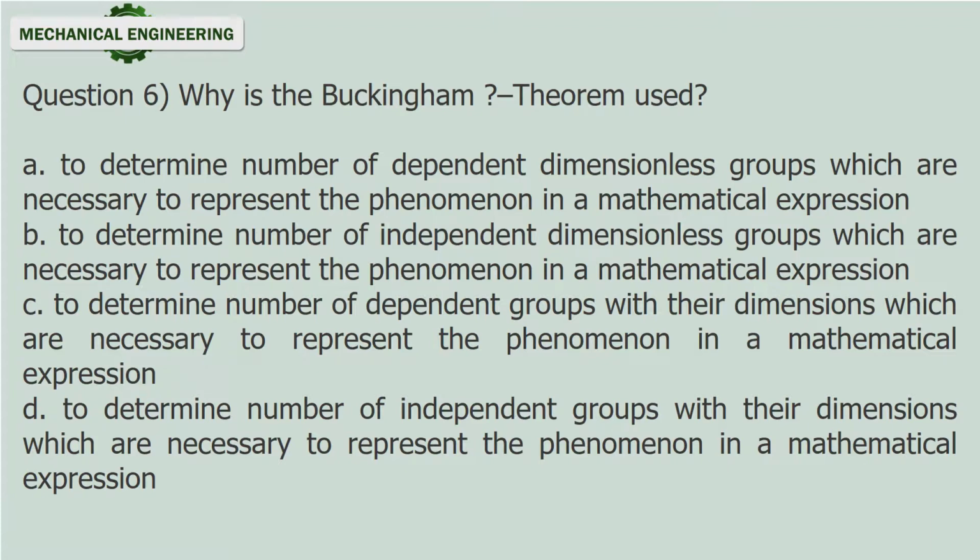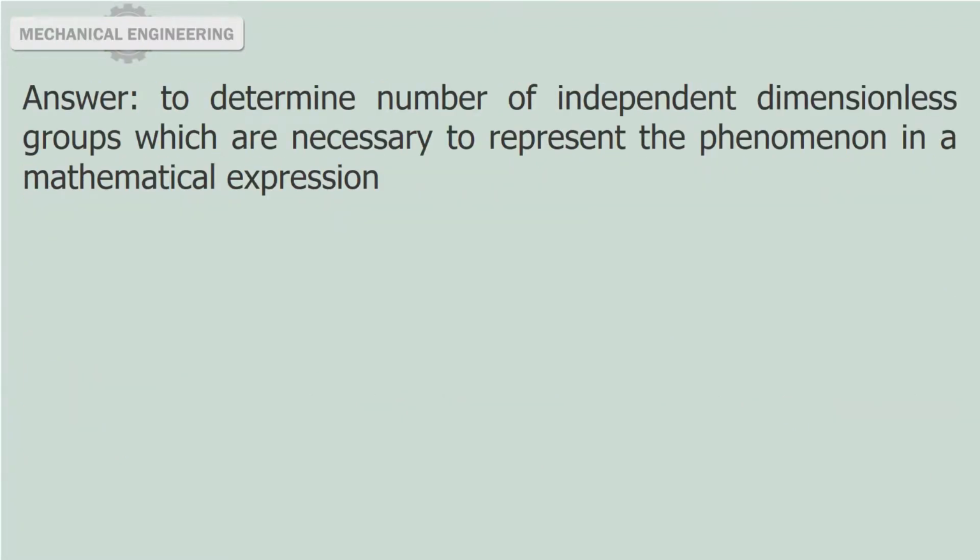D. To determine number of independent groups with their dimensions which are necessary to represent the phenomenon in a mathematical expression. Answer: to determine number of independent dimensionless groups which are necessary to represent the phenomenon in a mathematical expression.